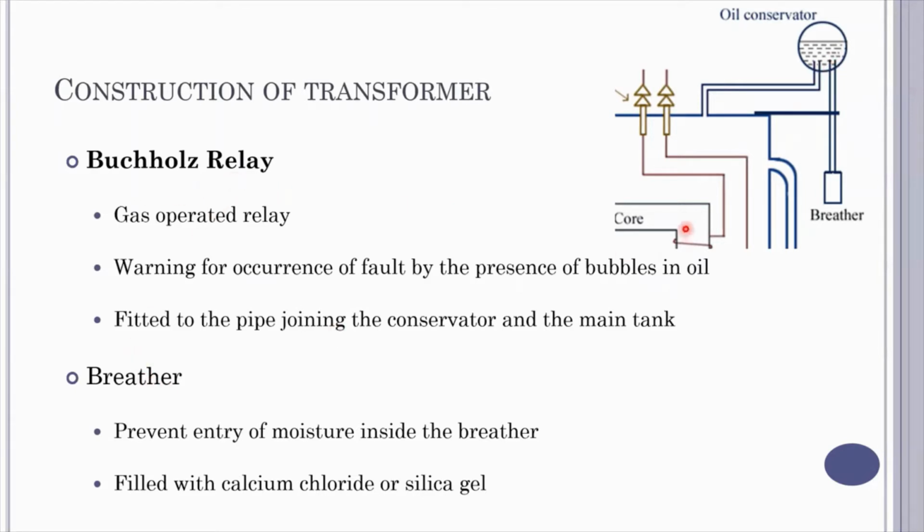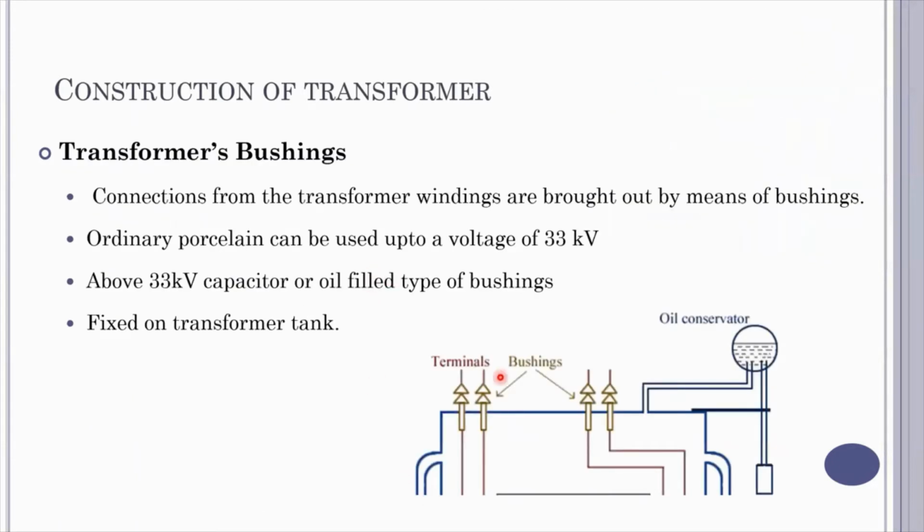And the oil should always be free from moisture, and hence to the oil conservator we have a breather. Breather is usually filled with silica gel or calcium chloride. And as I mentioned earlier, we need to provide connection to the windings that we have inside the transformer, right? So we take in and take out the electrical connections within the transformer through these bushings or the terminals.